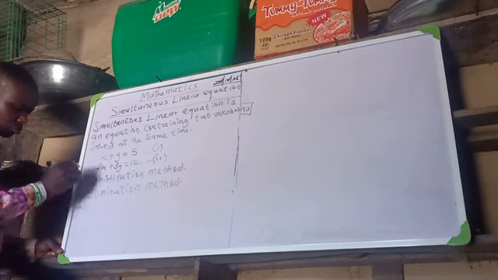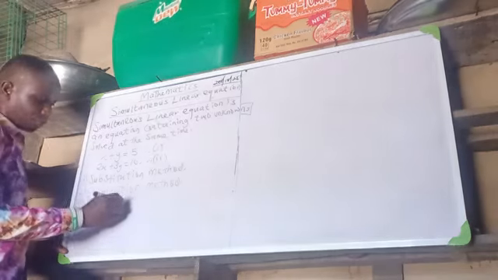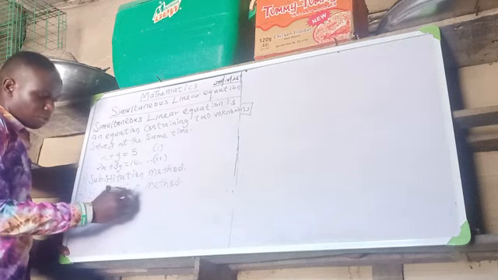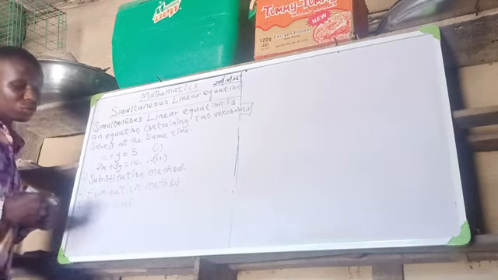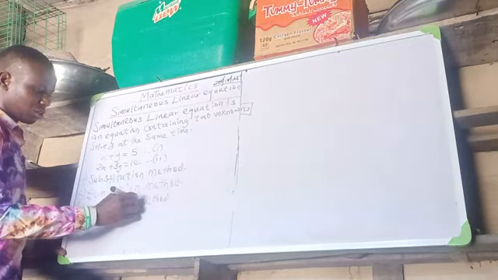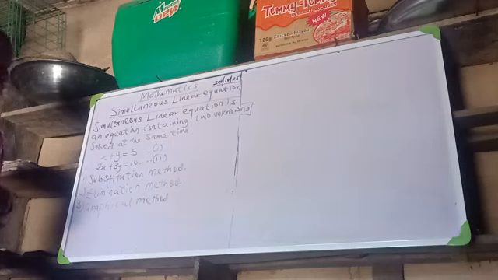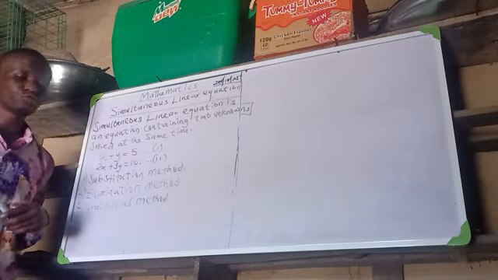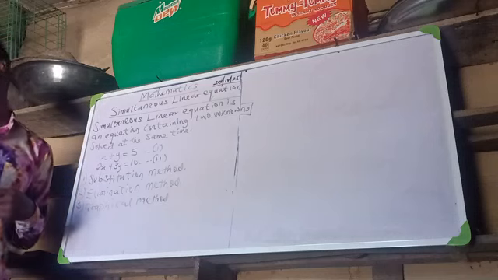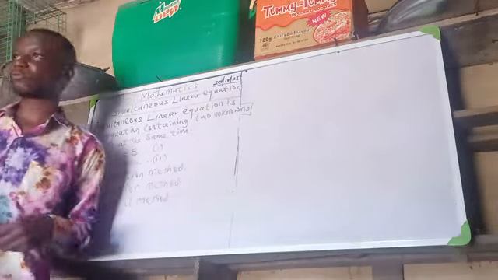Another one is the graphical method, where you can make use of a graph to find the values of the unknowns. We also have the matrix method, which is another method, but we'll look at that later. So we'll basically be looking at these two basic methods, the substitution method and the elimination method, in the course of this tutorial.